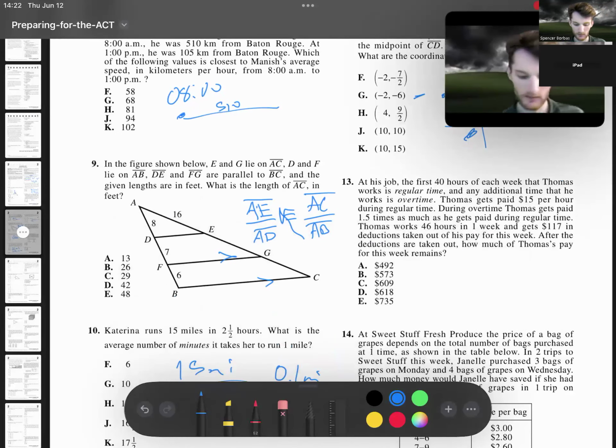At his job, Thomas works his regular time, and any additional time that he works is overtime. Okay, 15 per hour. It's kind of low. The year is 2025. Hopefully, inflation doesn't get too much worse. And then 1.5 for overtime.